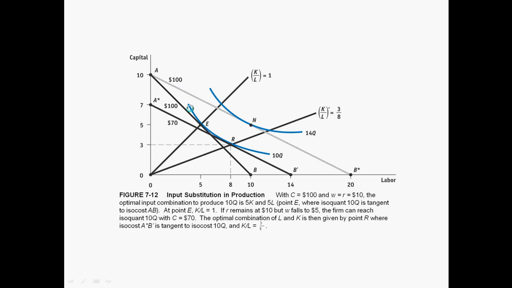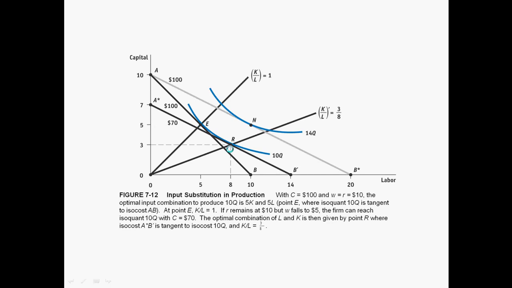So in that case, what we do is we draw a parallel isocost line. So instead of A, B star, we draw A star, B prime. So the isocost, we move to a different isocost line. And we're on the same isoquant in this case.